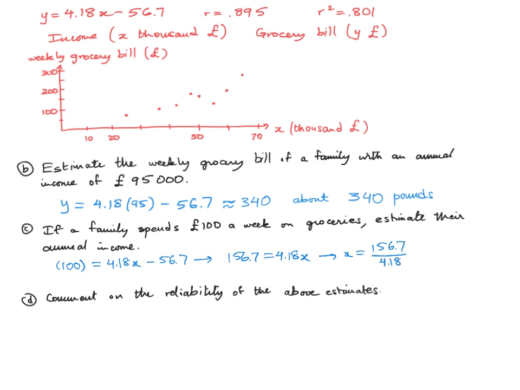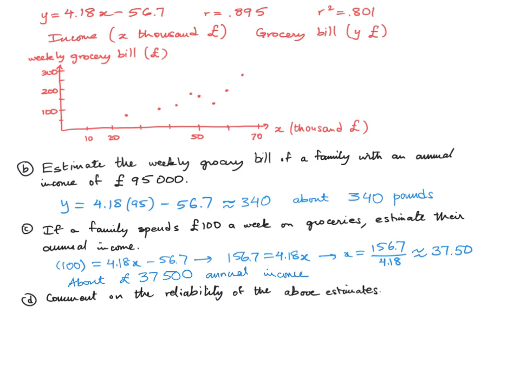And again, I'm going to round that to 3 sig figs. And I get approximately 37.49 if you want to do pennies. But I'm going to go with 37.5. And so what we're saying is about 37,500 pounds annual income.